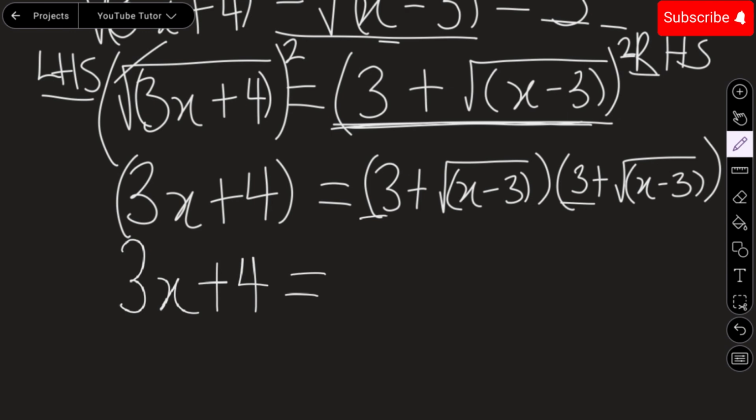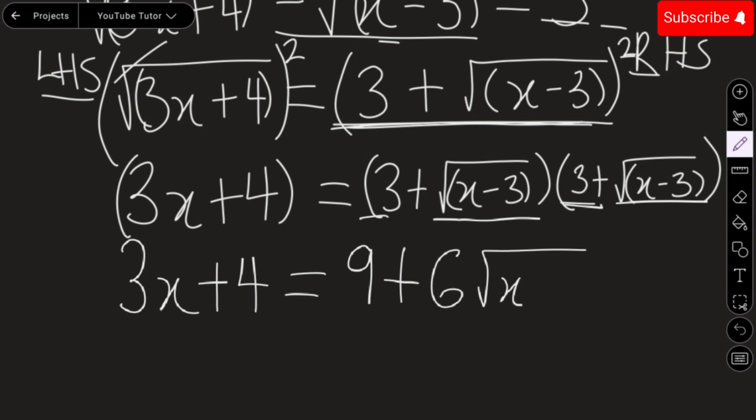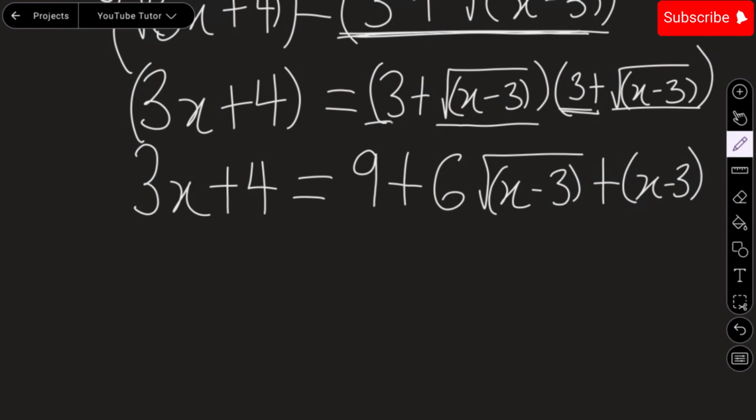And now this times this. 3 times 3 gives us 9 plus 3 times root of x minus 3 and x minus 3 times 3 will give us 6 root of x minus 3. Then plus x minus 3. If you are wondering how, let me show you.